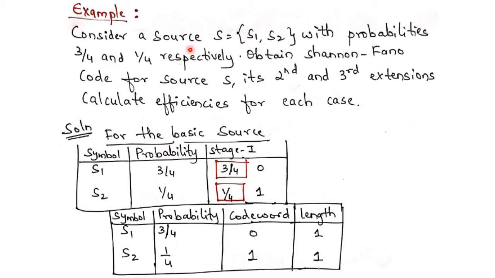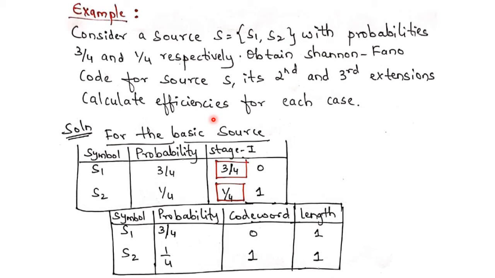So in this problem statement we have two symbols S1, S2 with probabilities 3 by 4 and 1 by 4. So we need to determine the code word for source S and code word for its second order extension and third order extension, and determine efficiencies for all three cases.